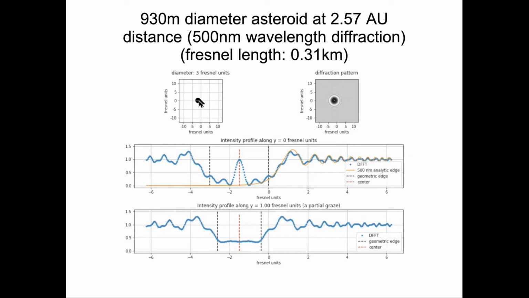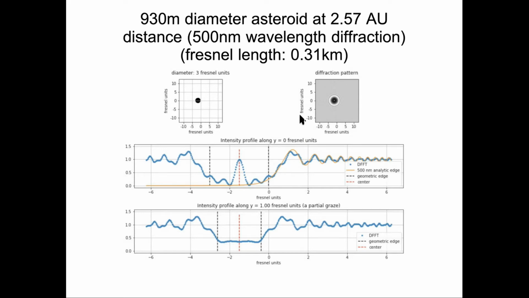So this is what my target looked like, and this is its diffraction pattern. And of course, right here, we see what is commonly referred to as the Poisson spot. It is always present, or is frequently present, but it's very difficult to observe. You have to be in exactly the right place.